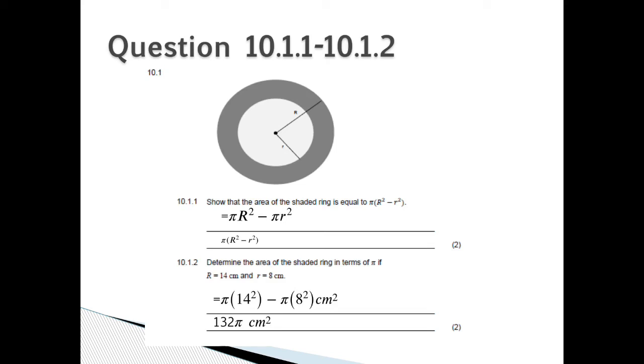If R is 14 centimeters and r is 8 centimeters, it will equal pi(14 squared) minus pi(8 squared) centimeters squared. And if you do the sum, you end up with 132 pi centimeters squared.